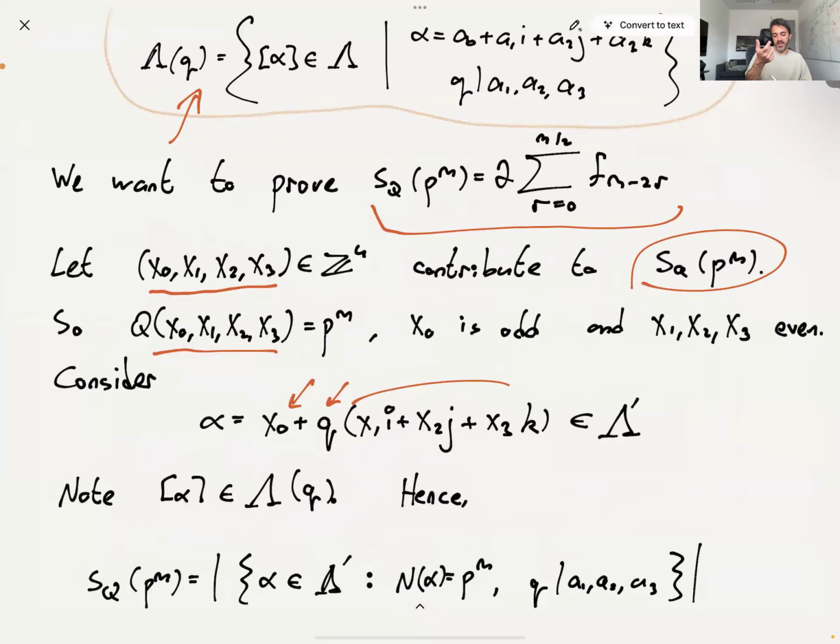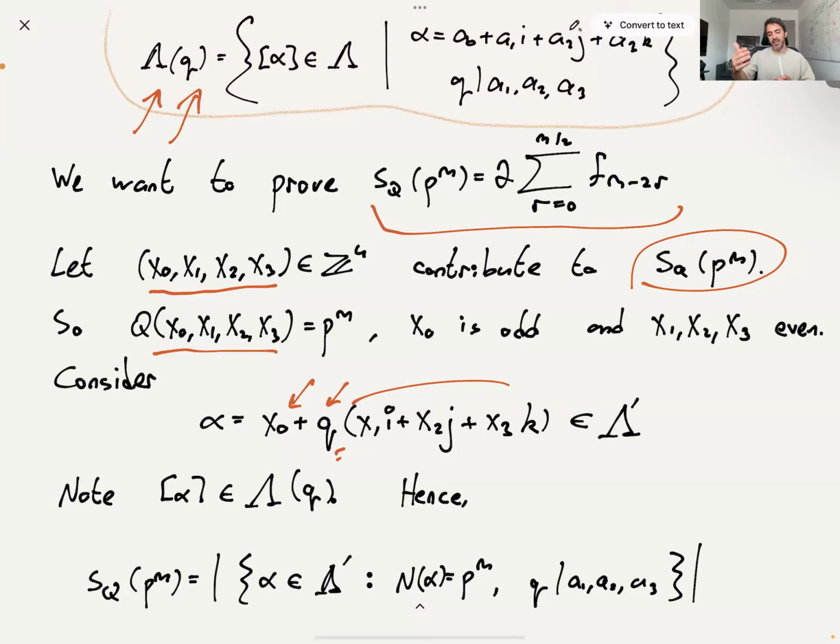And we started from a 4-tuple that has these properties, and multiplying by Q doesn't change anything. So we know that the alpha that we constructed from the 4-tuple is in lambda prime, and because of this explicit form of lambda Q, we know that the class of alpha is in lambda Q, right? Because we made sure that Q will divide all the non-free coefficients, by just putting in the Q here. So that's fine.